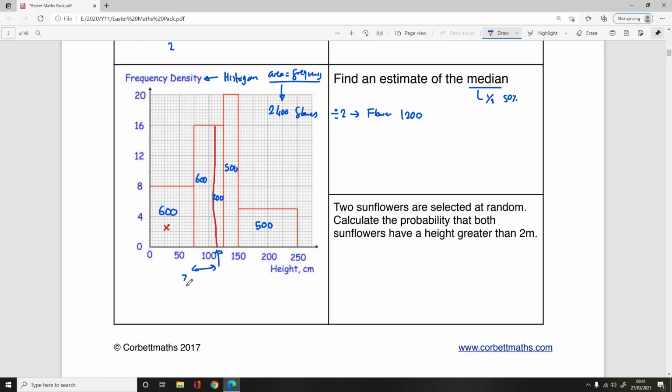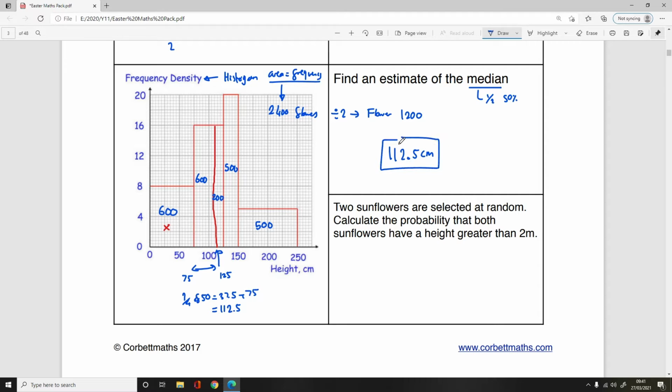This was from 75 to 125, and we want to go 3/4 of the way from there to there. It's a gap of 50, 3/4 of 50 is 37.5. Add it on to 75, and you'll get that the median is at 112.5 centimeters.